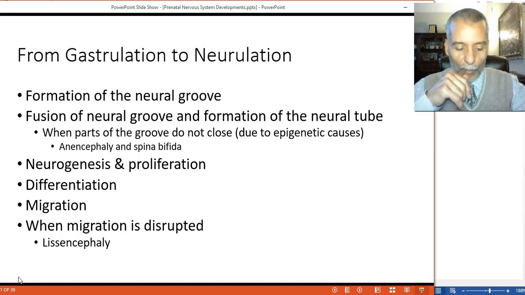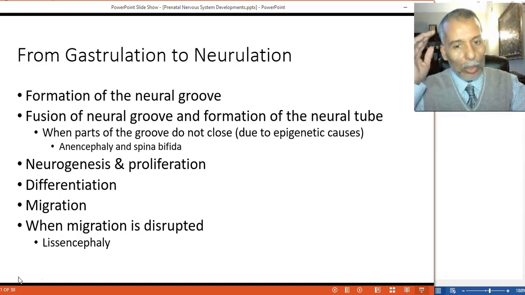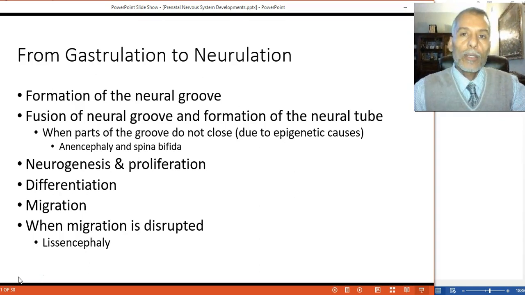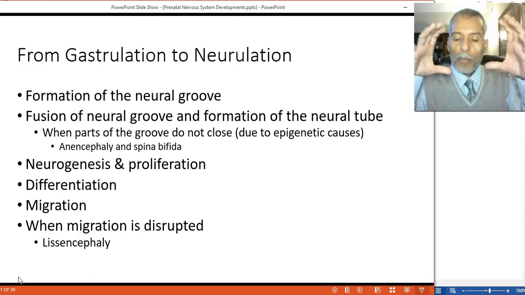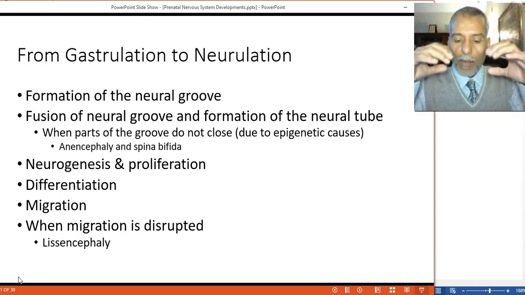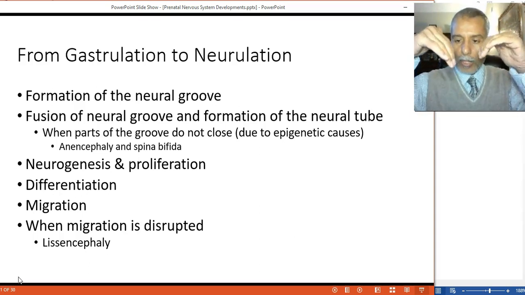And then now you have produced all these neurons that you need, and then you need to connect them and establish networks with them. After the brain is populated, then you have the stage of folding.